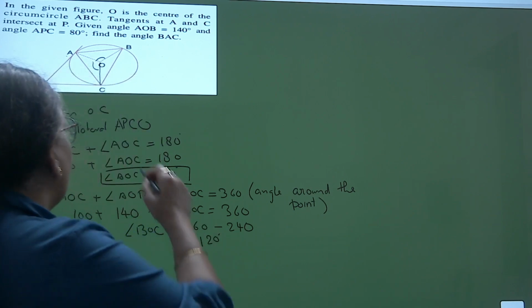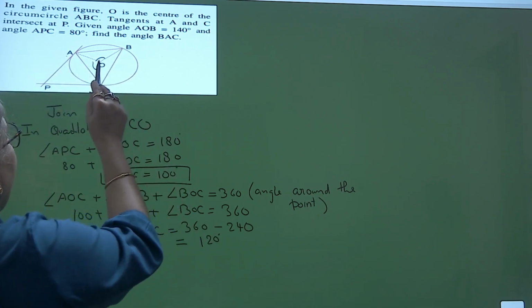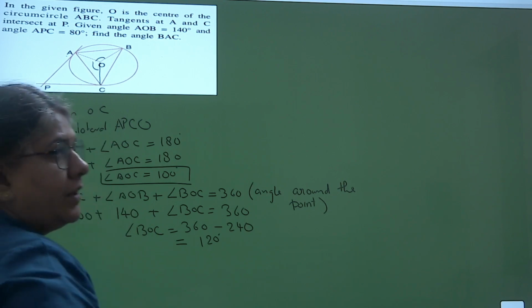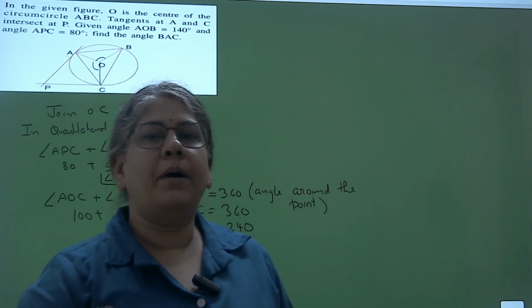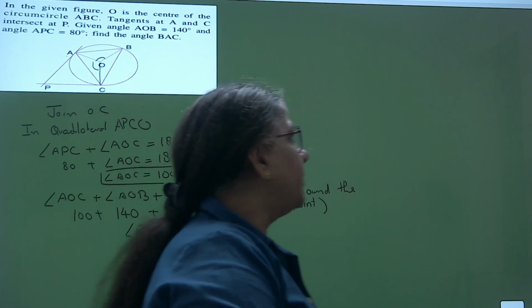Now we have a relationship between the angle formed at the center of a circle and the angle formed at the remaining part of the circumference of a circle.